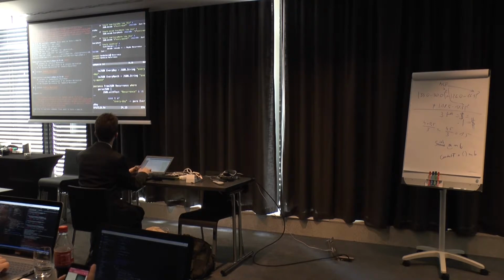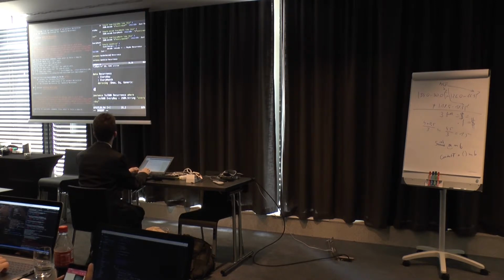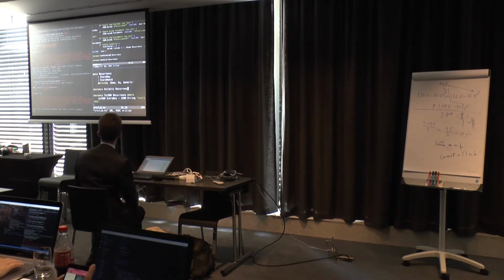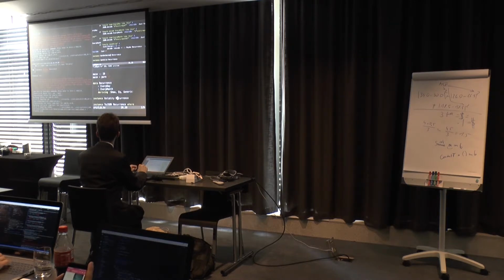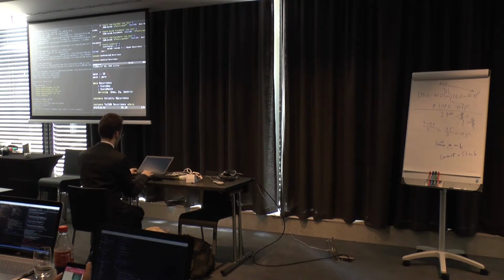Then we add gen unchecked for recurrence. Right, now we have no validity, so we add instance validity recurrence. And validity is not imported, so let's do that. There we go. And now our round-trip tests succeed.